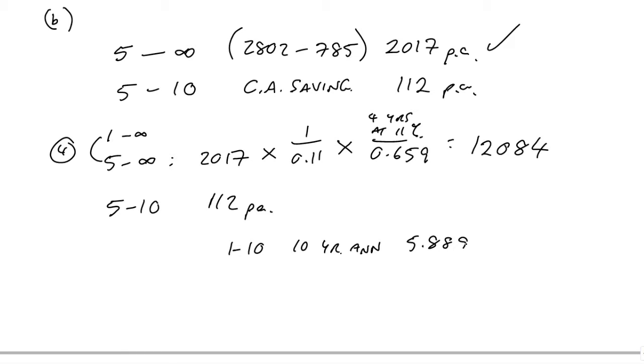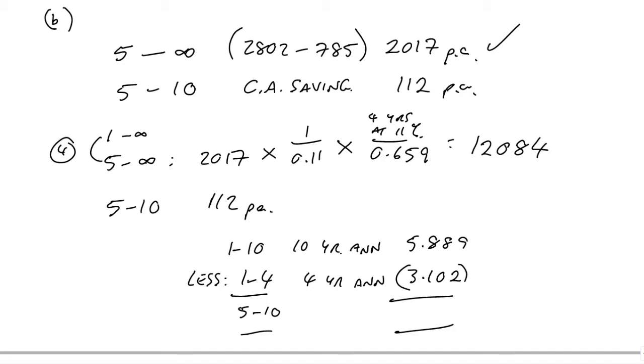We only want 5 to 10, and so we need to subtract the total for years 1 to 4, which is the 4-year annuity. And at 11%, the 4-year annuity factor is 3.102. Which leaves us with a net factor to apply, 2.787. That's the total factor for 5 to 10.